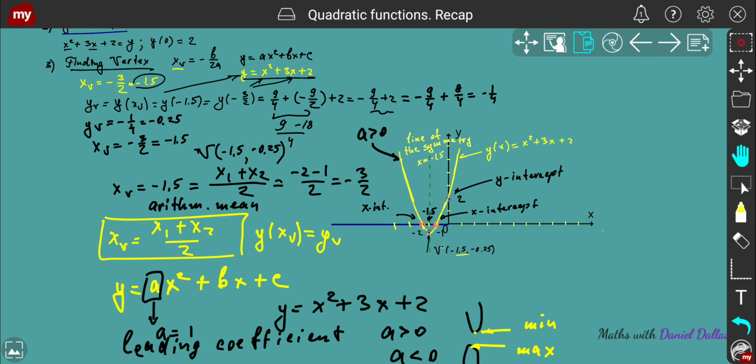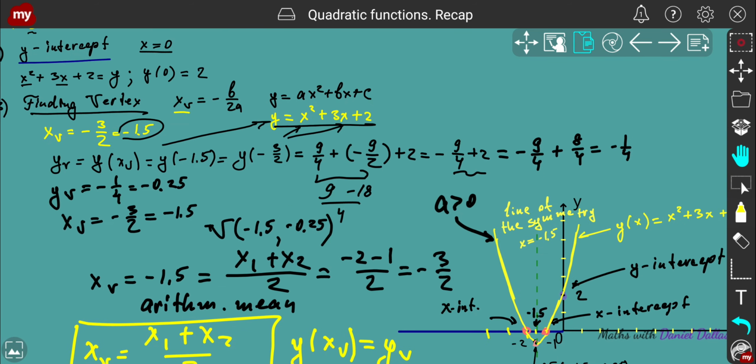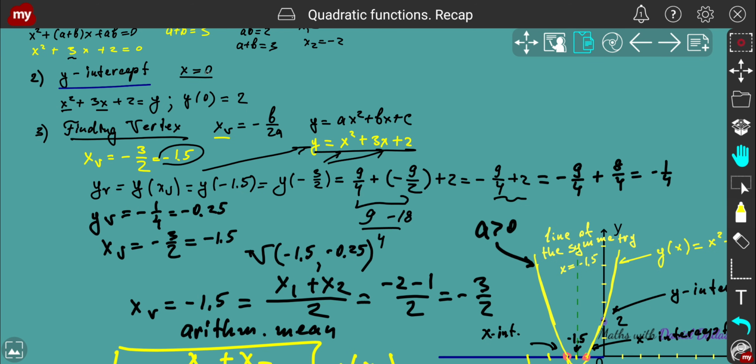Remember, we found that the y-intercept is 2. We use the condition x equals 0. But hold on. This 2 is actually what you get when you plug x equals 0 into the equation: you cancel those terms because they're definitely 0, x squared and 3x, and you're always left with the last coefficient.